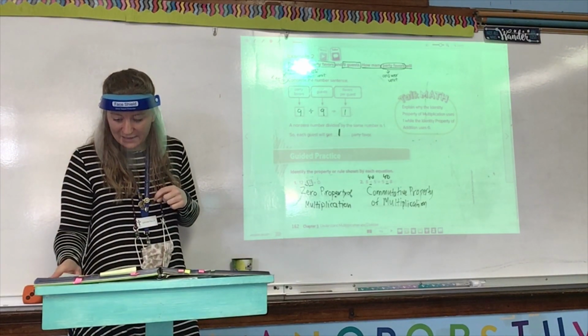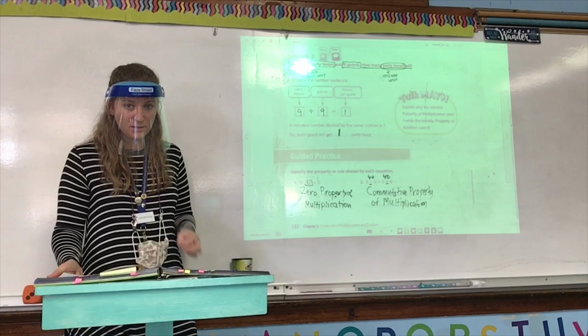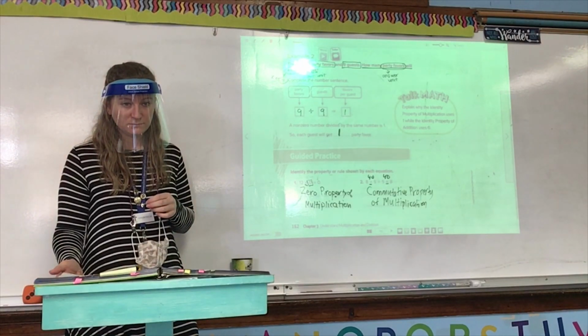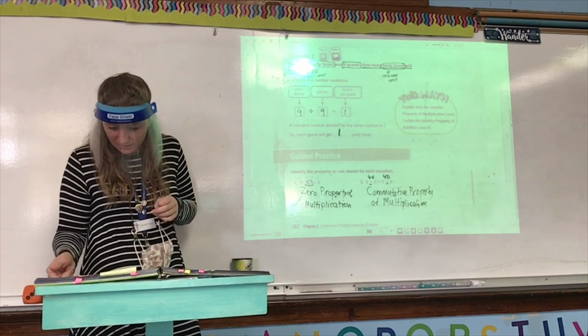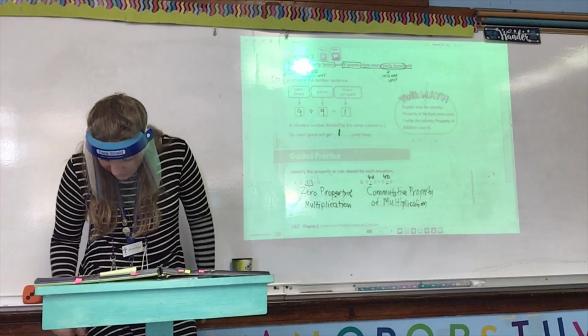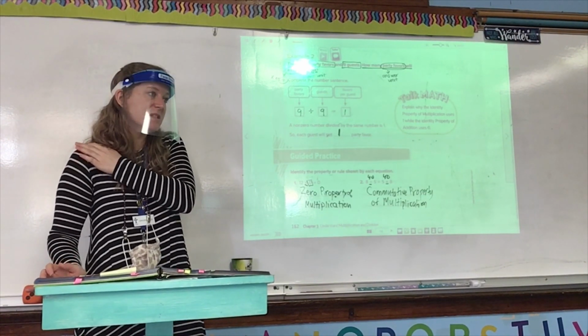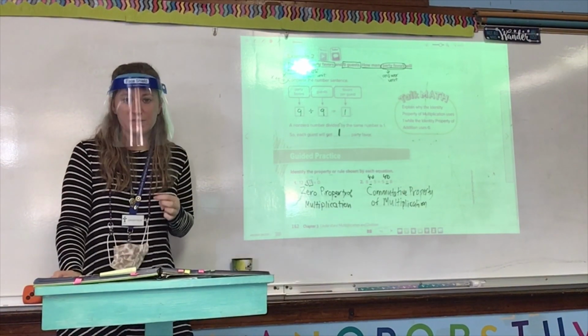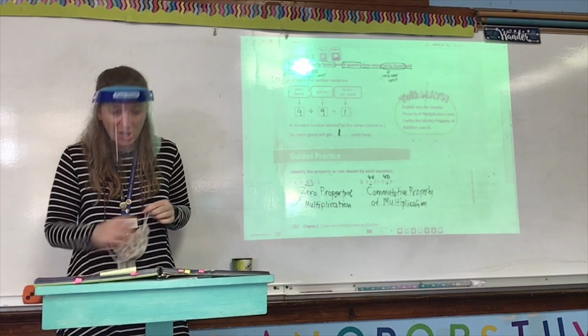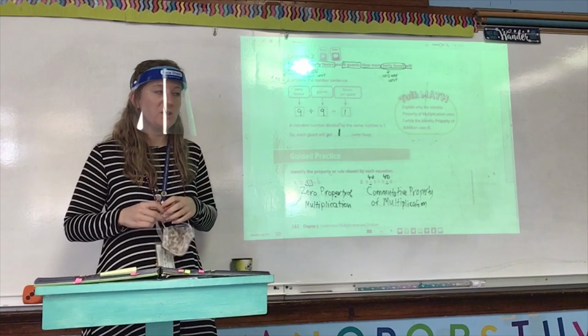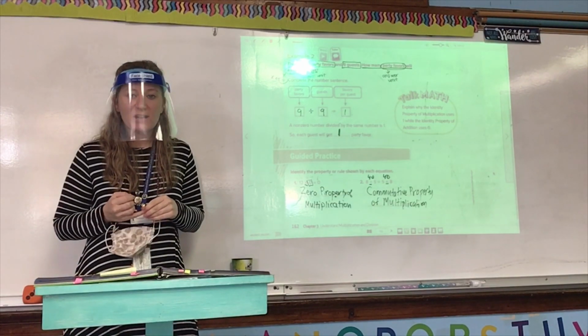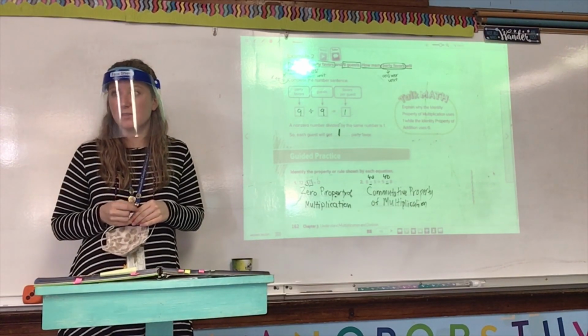Now look at the back. Numbers 13 through 15 are word problems where you are going to have to do multiplication or division. Use the properties to help you. Make sure you read the whole question and answer every part.